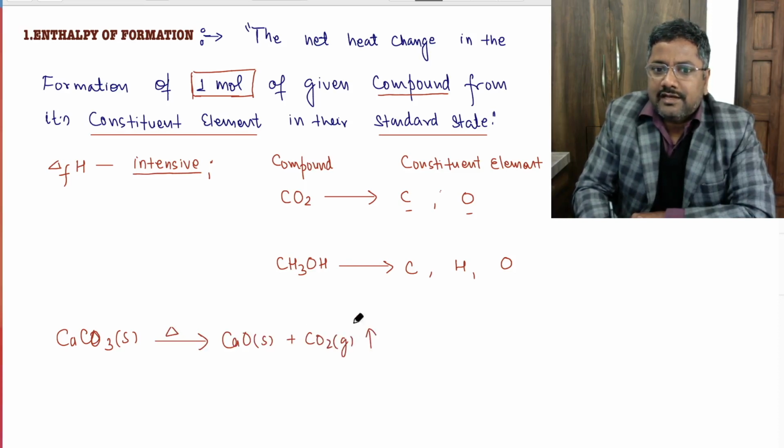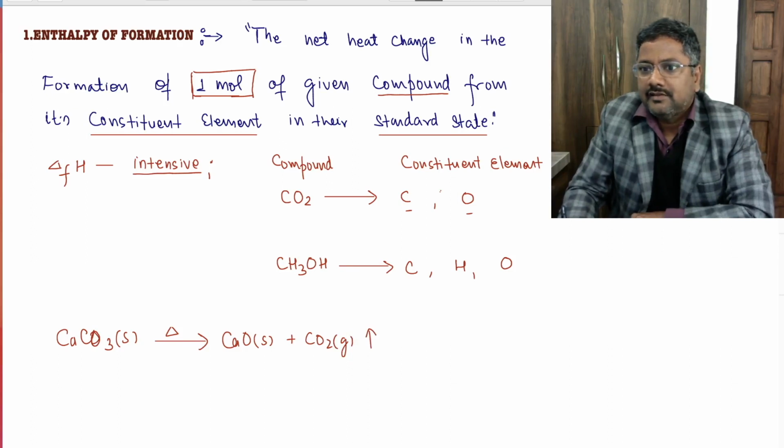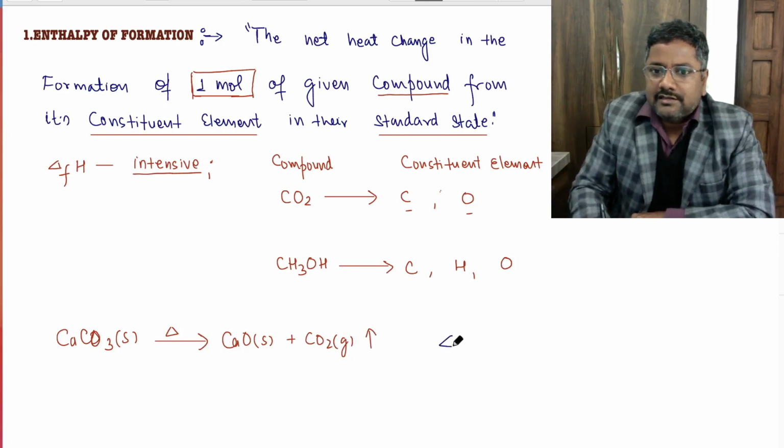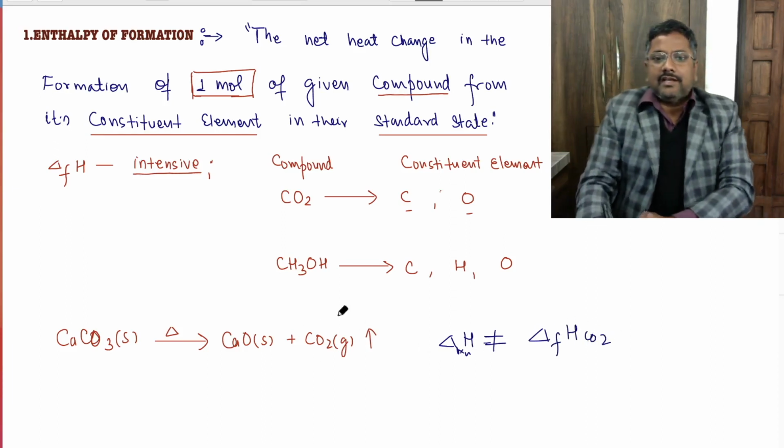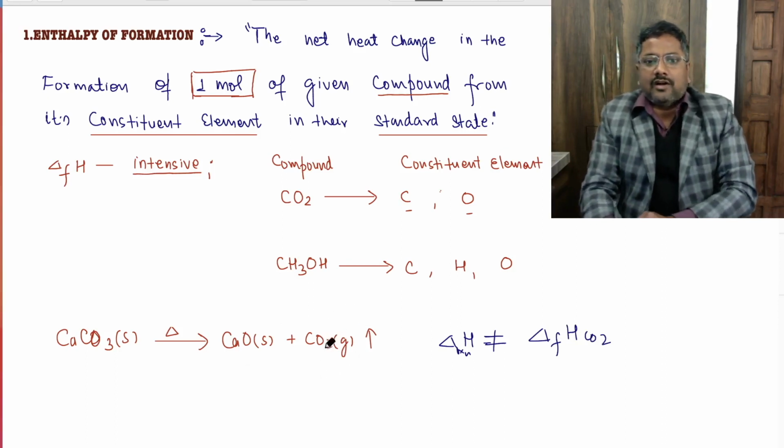So this carbon dioxide is formed here. So whatsoever the enthalpy or heat energy is changing here, this enthalpy of this reaction, you cannot write as the enthalpy of formation of carbon dioxide. Why? Because here carbon dioxide is not formed from its constituent element. So this is the meaning of constituent element.